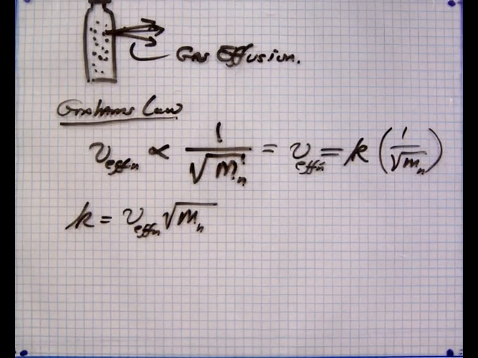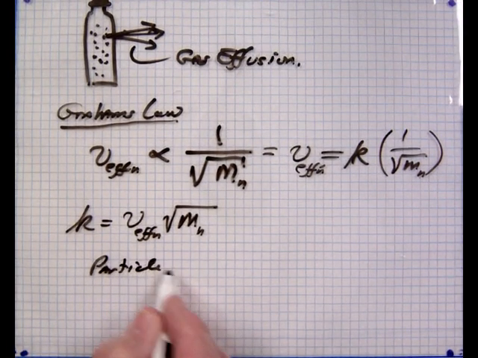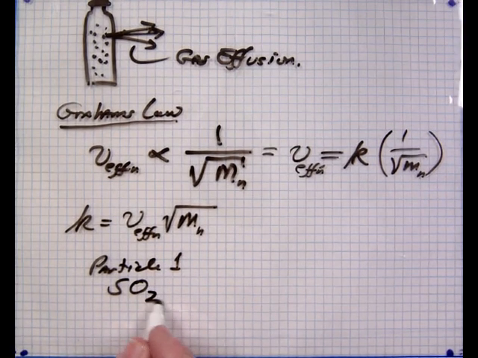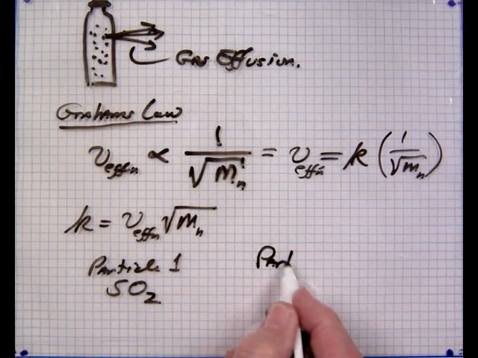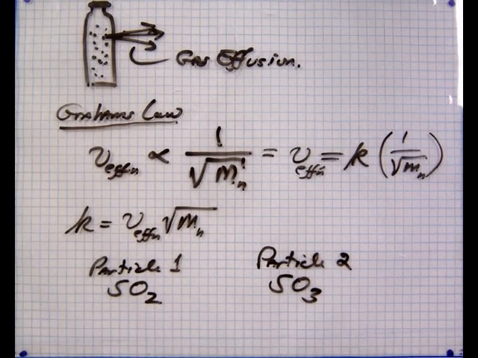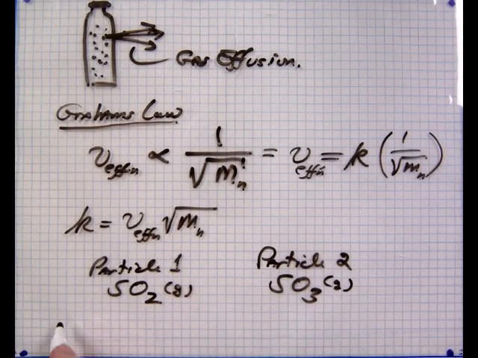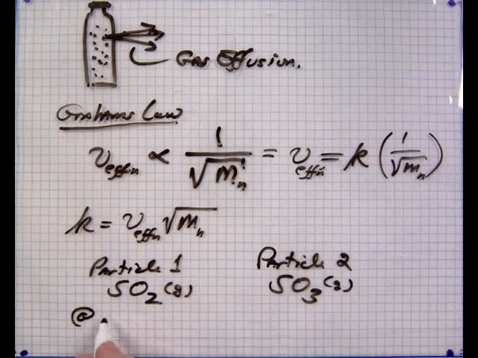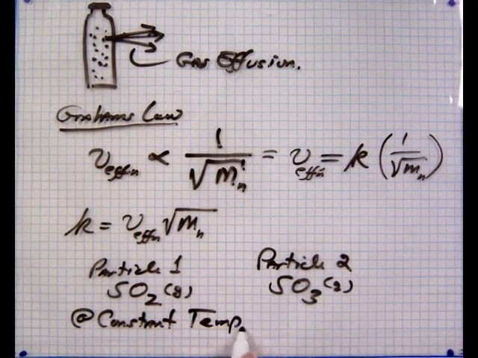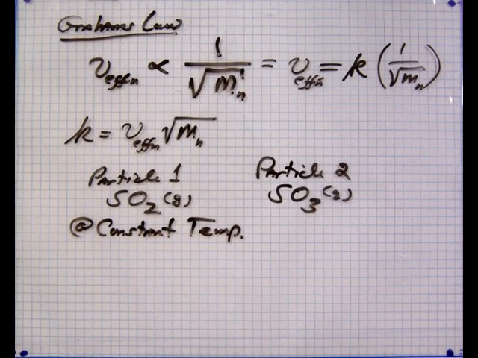Well, if we are comparing a couple of particles, particle 1, say, is sulfur dioxide, and particle 2 is sulfur trioxide, and they're both gases at the same temperature. The question is, which one will effuse the fastest?